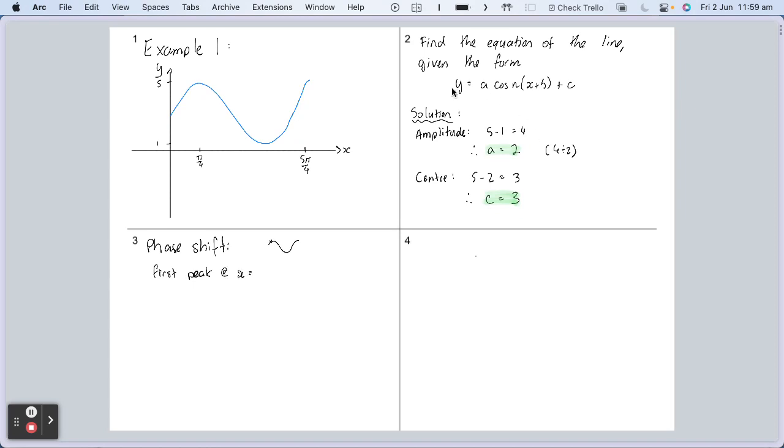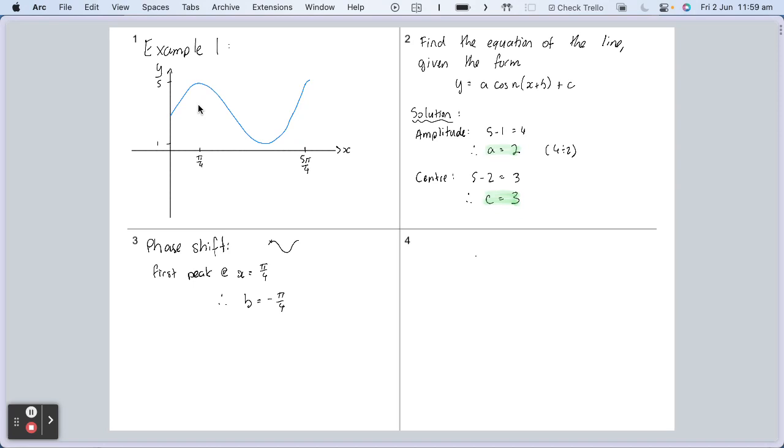X equals, and looking at it, you can see here's the first peak, it's at pi on 4. So the first maximum is pi on 4. It's to the right, yeah? It's to the right, so that means, therefore, B is equal to negative pi on 4.